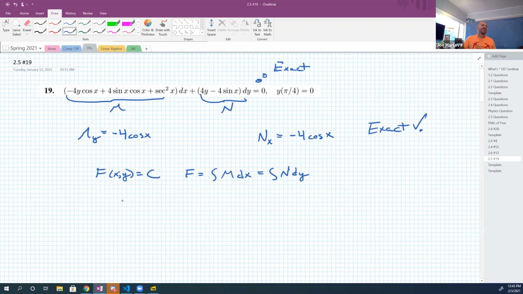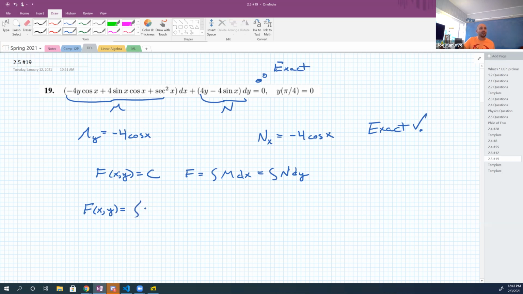All right, so yeah, pick one. Sure, what the hell? Let's integrate M. So f of x and y should be the antiderivative of M dx. So let's see.